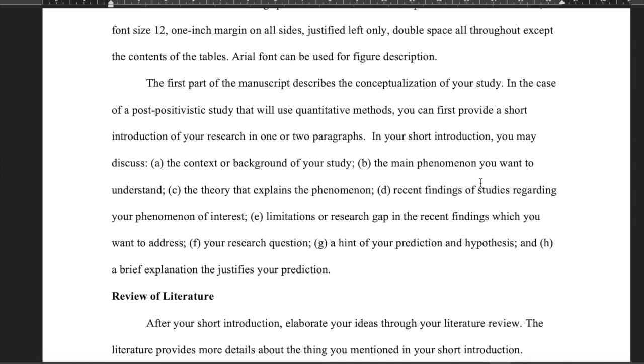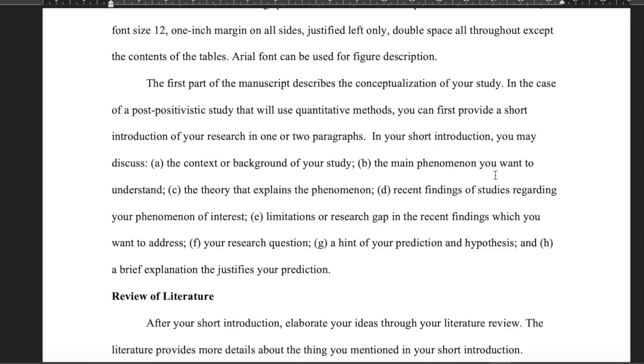What I notice in many of the published materials is that the short introduction contains the following items. One, you can begin with a bit of context or background of your study, just to humanize or allow your readers to relate to the phenomenon that you are about to discuss. Second, you talk about the main phenomenon that you want to understand.